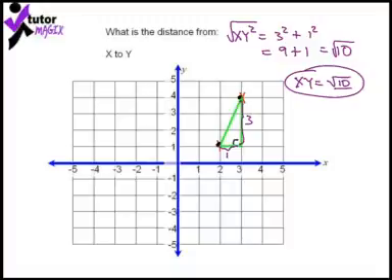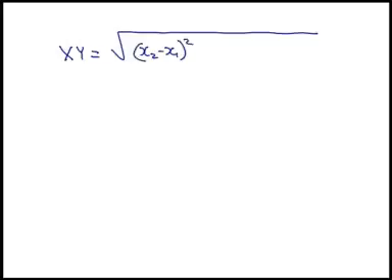But now in coordinate geometry, you will also be expected to make use of the distance formula. Now the distance formula is: XY, the length or the distance between points X and Y, is given by the square root of (x2 minus x1) squared plus (y2 minus y1) squared.